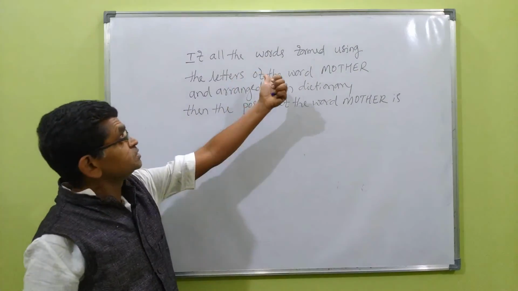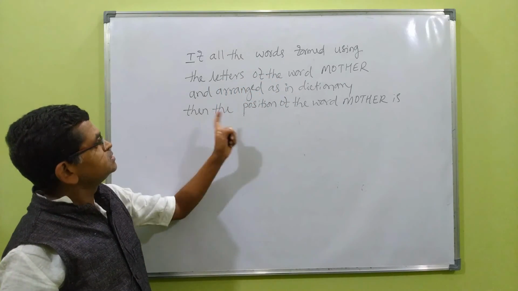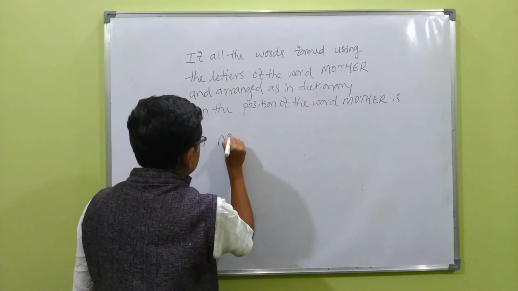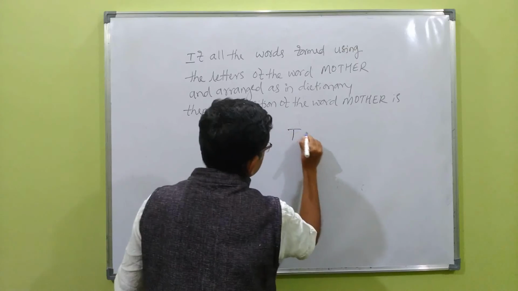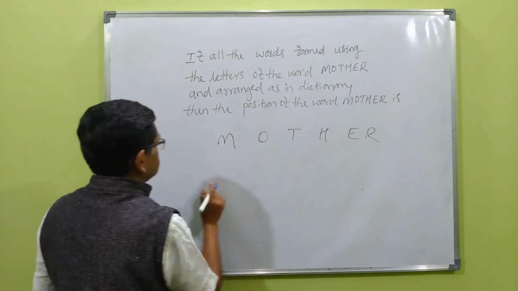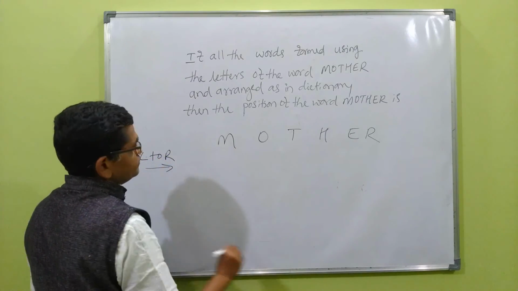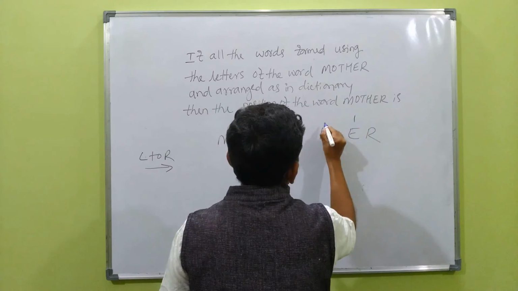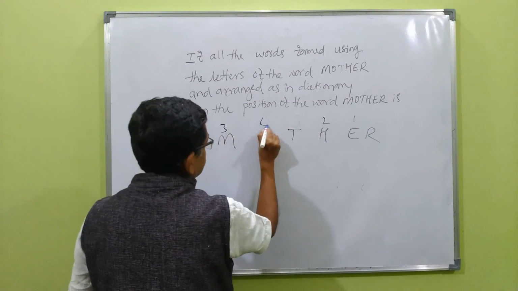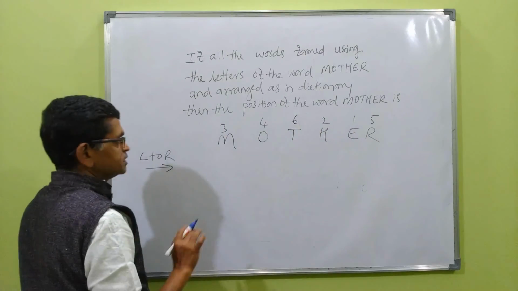If all the words formed by using the letters of the word mother are arranged as in the dictionary, then the position of the word mother is. MOTHER. This left to right is, so this is 1, 2, 3, 4, 5 and 6 actual ranks.